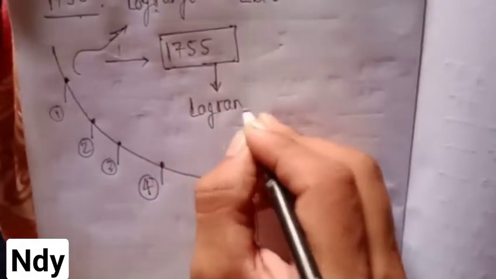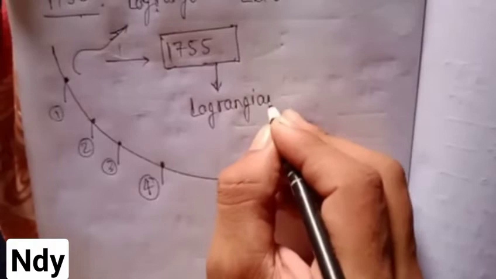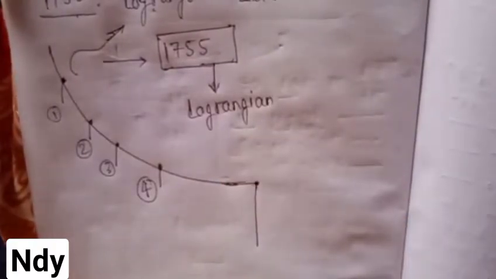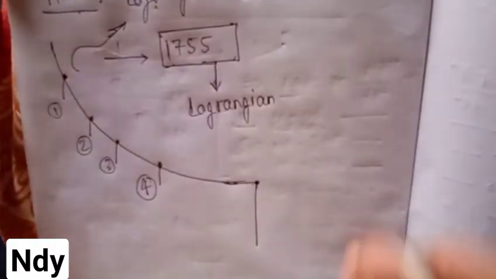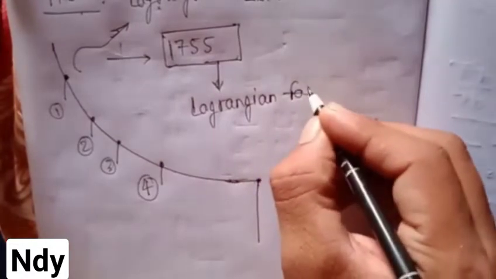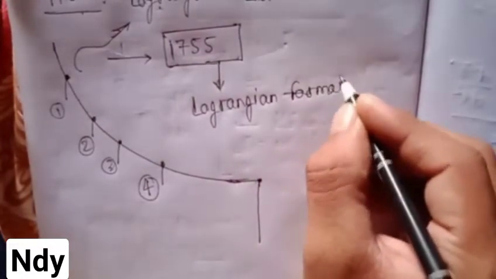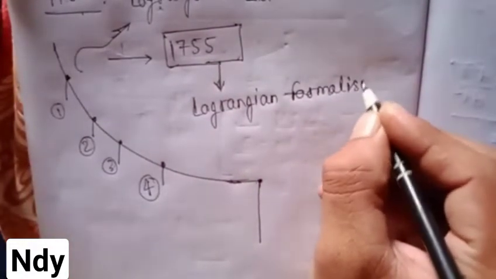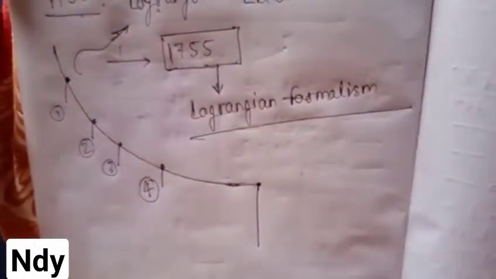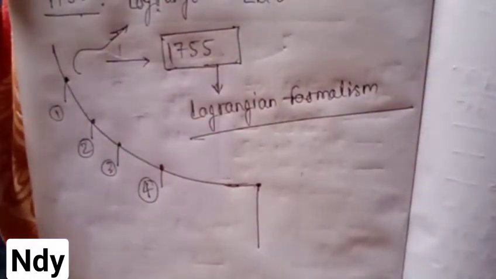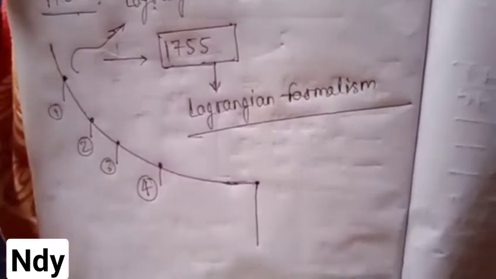So the whole Lagrangian formalism of classical mechanics also comes from these differential equations. It is nothing but the theory of differential equations.